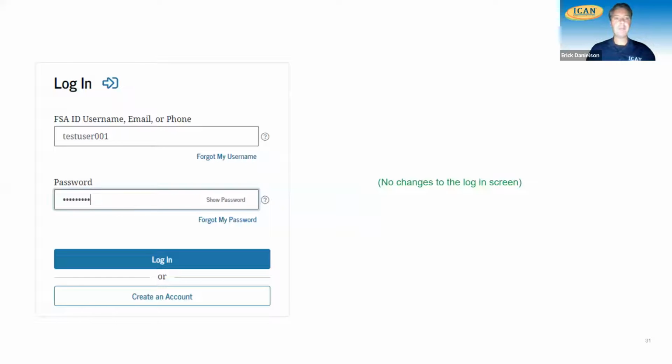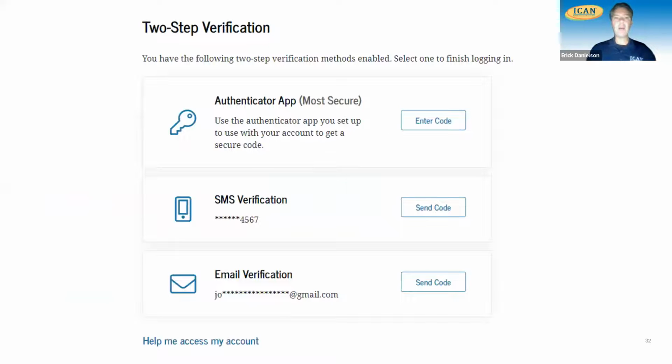When you log in, you're going to put in the username and the password and then click log in. What's going to come up is either the authenticator app if you did set that up, or the text or email, and you only have to send one to have the code sent. Actually, with the authenticator app, I believe it's from that app where you'd say send a code, and then you would just enter it into here at that time.